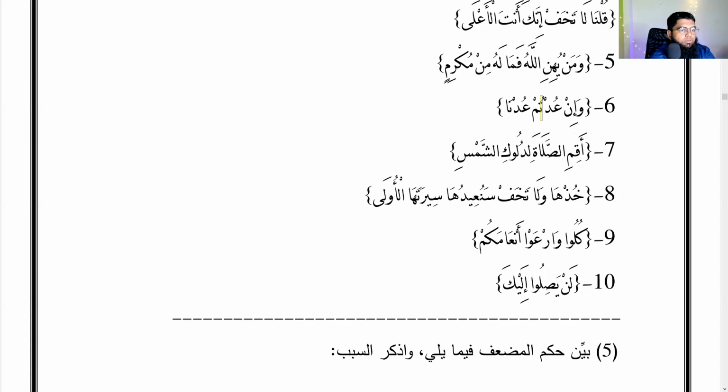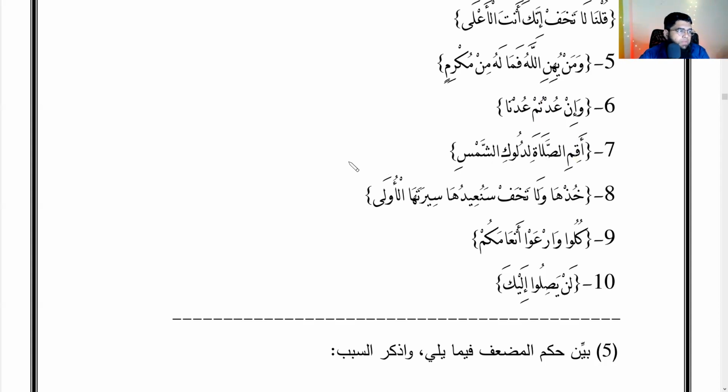I don't know, duluk. Is it till the sun rises? Duluk is what? Decline. Okay. Decline of the sun from its meridian until the darkness, from dhuhr. Duluk is okay. Aqim as-salata liduluki shamsi.